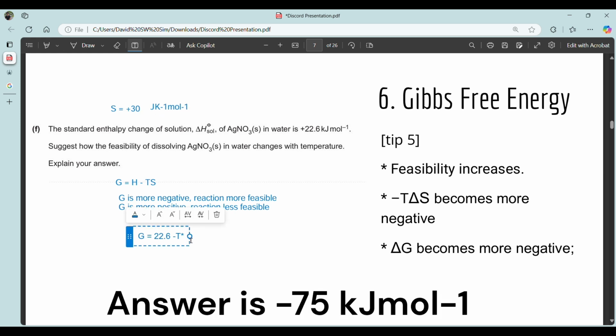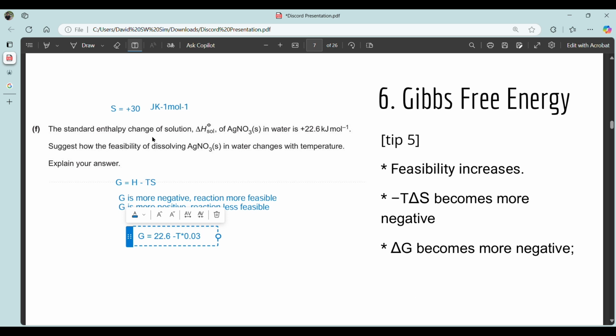So you have to divide 30 by 1000. So it's 22.6 minus T times 0.03, not 22.6 minus T times 30. Do not make that mistake. So this is our equation for G.